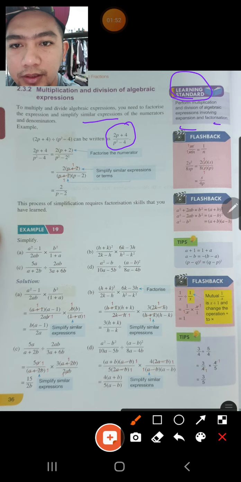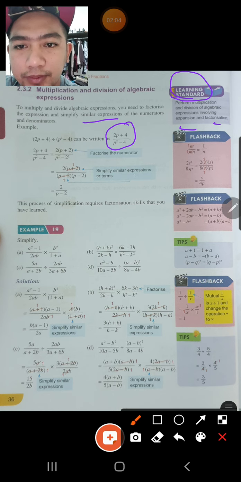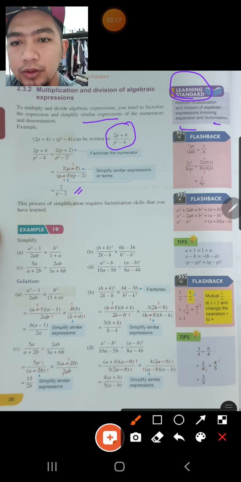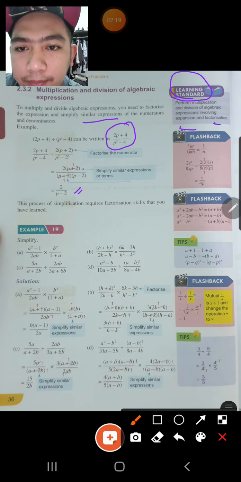And the denominator you factorize as p square minus 2 square, which is p plus 2 times p minus 2. So simplify similar expressions or terms. Here we eliminate p plus 2 with p plus 2, because they are similar expressions. So it becomes 1. The answer will be 2 divided by p minus 2, or 2 over p minus 2.